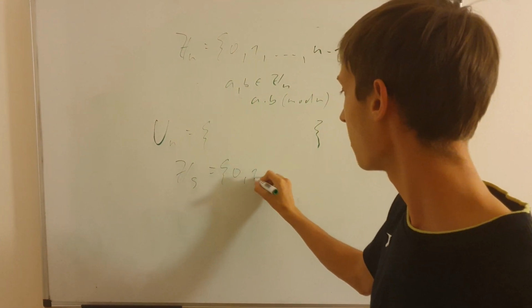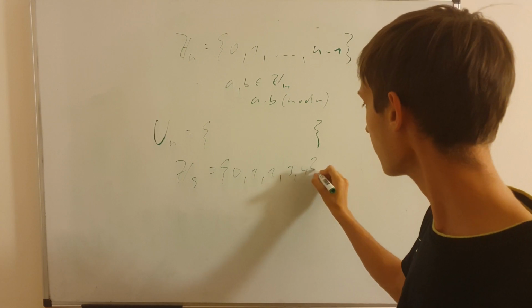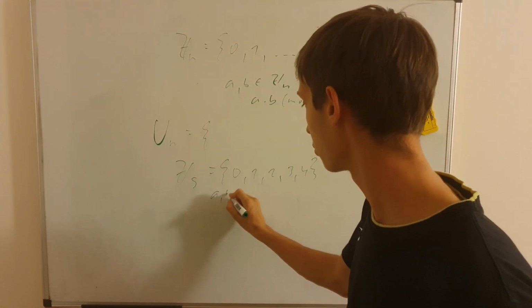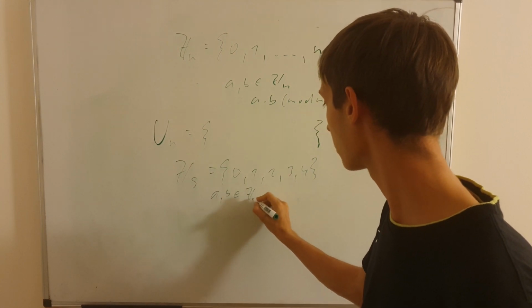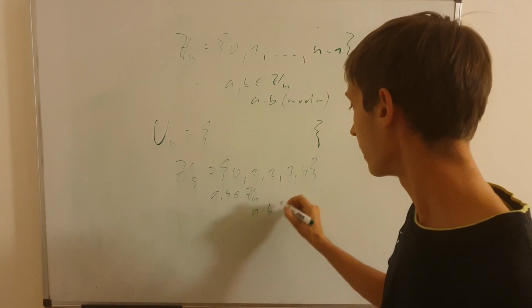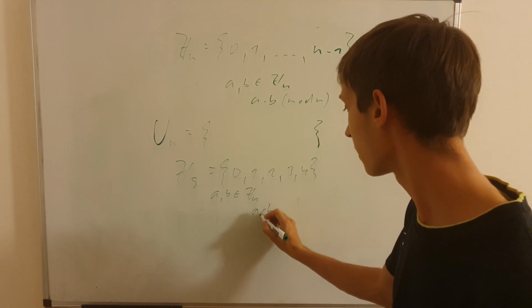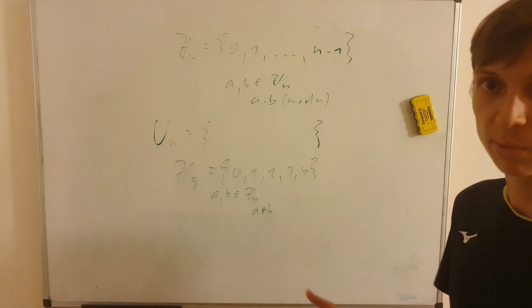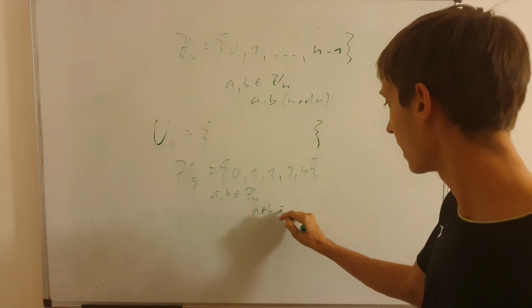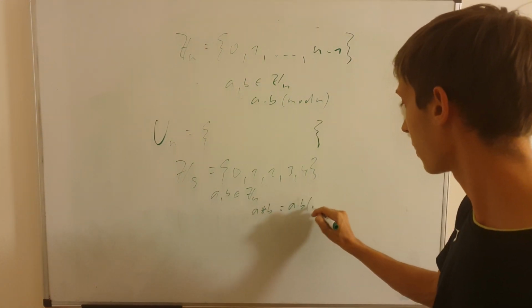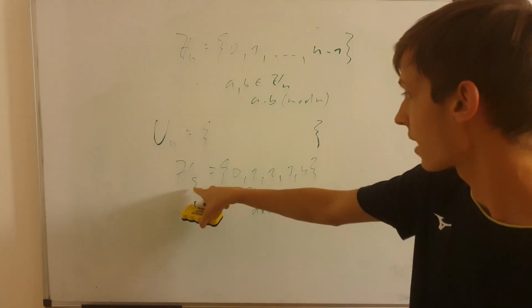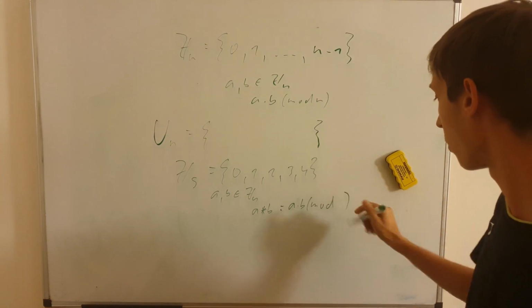We know that these 5 numbers belong to it, and if a and b belong to this group, then a times b is the usual multiplication, but we apply mod n, and in this case mod 5.